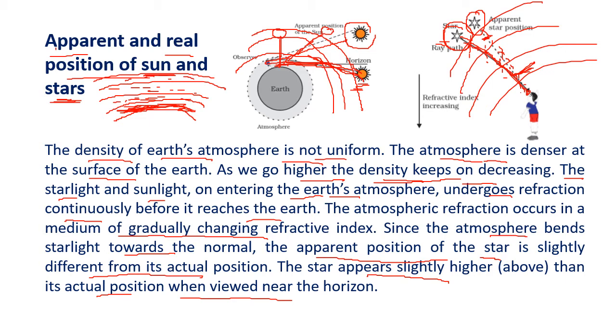Because of bending of light, we actually see their apparent position. So this is one thing we should remember, the refraction in the atmosphere. And why is the refraction occurring? Because the atmosphere is not uniform, denser on the surface, and it gets rarer as we go higher. So the bending of light doesn't give us the real position, but gives us the apparent position of the sun and the star.